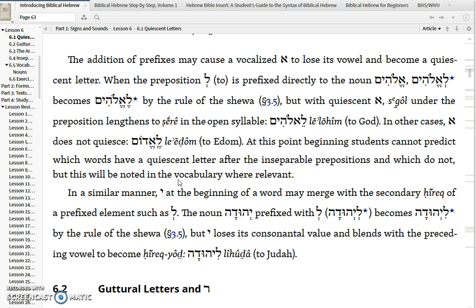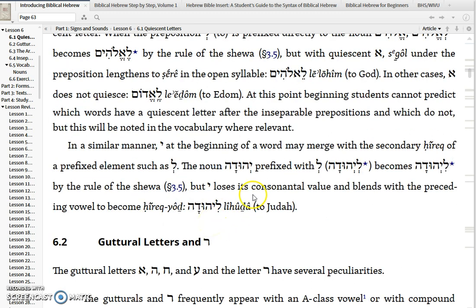Same thing with a yod at the beginning of a word, especially when it begins with a shavah. So the word for Judah is Yehudah. And if you want to say to or for Judah, you would expect to put a lamed in front. And then you have two shavahs in a row, so the first should become a hirik, so you'd expect it to be lihuda.